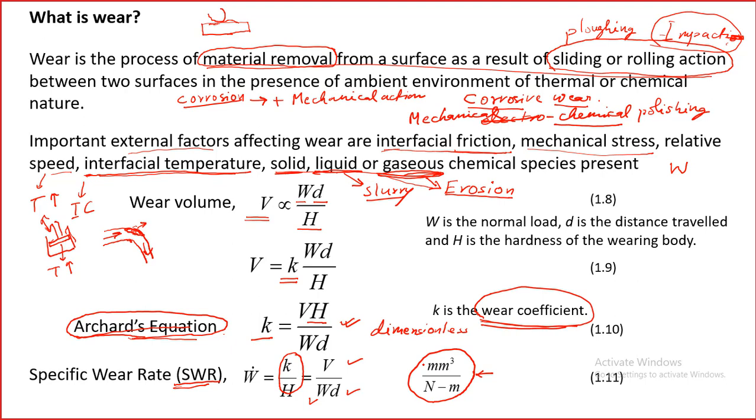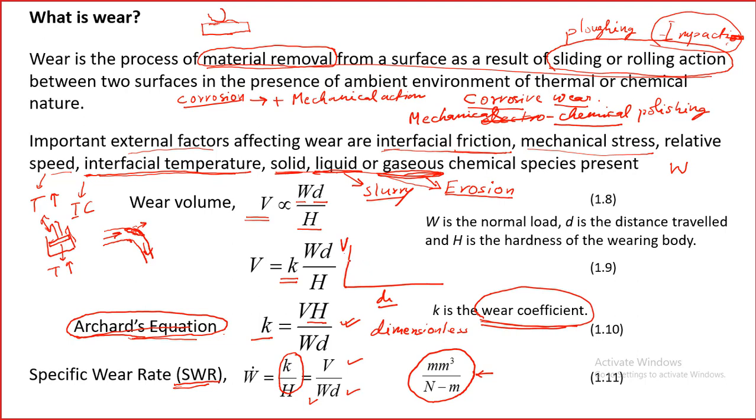Now another important thing to know about wear, when you conduct a wear test, is that there will be wear volume here, for example wear volume versus sliding distance d.